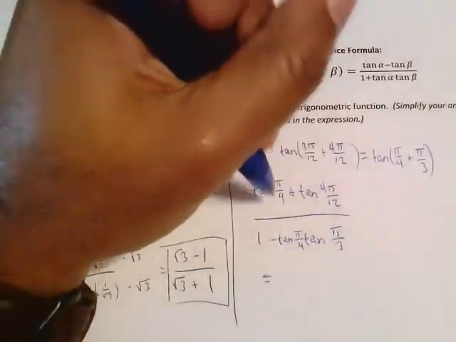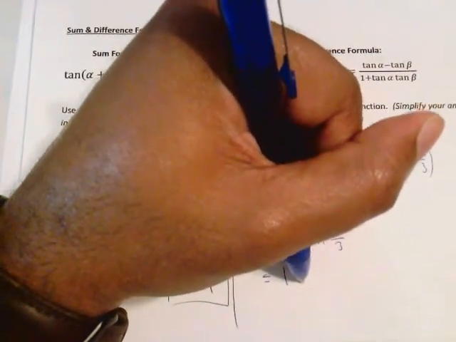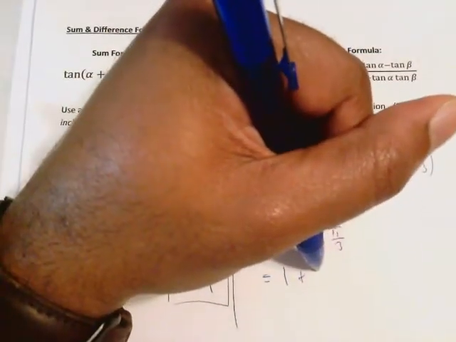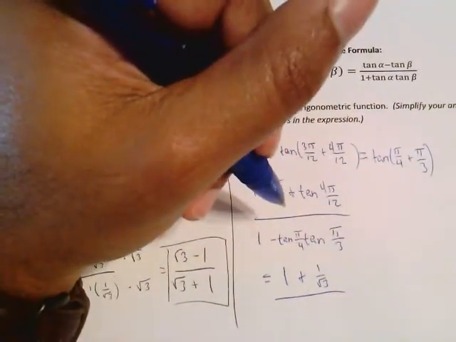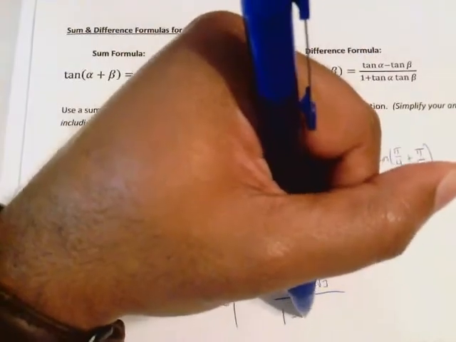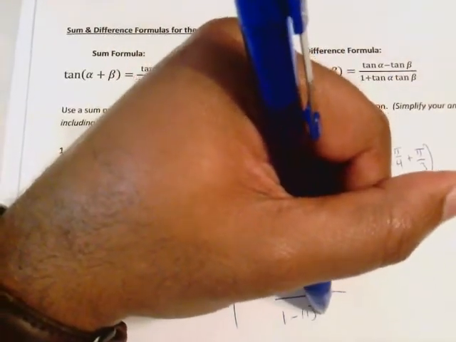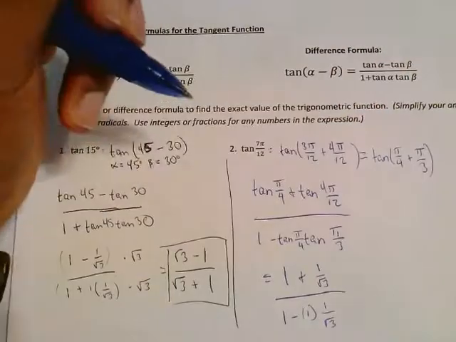So this equals tangent pi over 4 is 1 plus tangent of pi over 3, again, is 1 over the square root of 3 over 1 minus tangent of pi over 4 is 1 times tangent of pi over 3, which is 1 over the square root of 3.